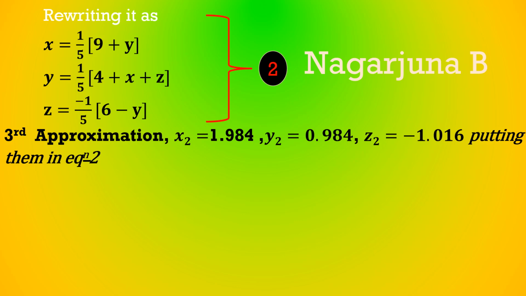From the second approximation, we got x, y and z values as 1.984, 0.984 and minus 1.016. Substituting these values on the right hand side of system of equation 2, we get x3, y3 and z3. First, x3 is equal to 1 divided by 5 into 9 plus y value 0.984. While calculating, open the bracket, 9 plus 0.984, close the bracket, divided by 5, and that answer is 1.9968.